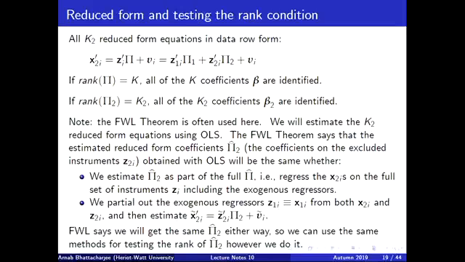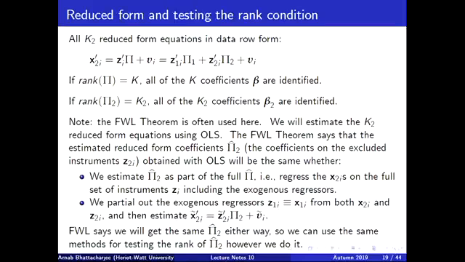So how do we proceed? Well, we are going to do our standard FWL here, right? Or think in terms of doing FWL. So suppose we were estimating the K2 reduced form equations using OLS, right? FWL, what does it tell us?